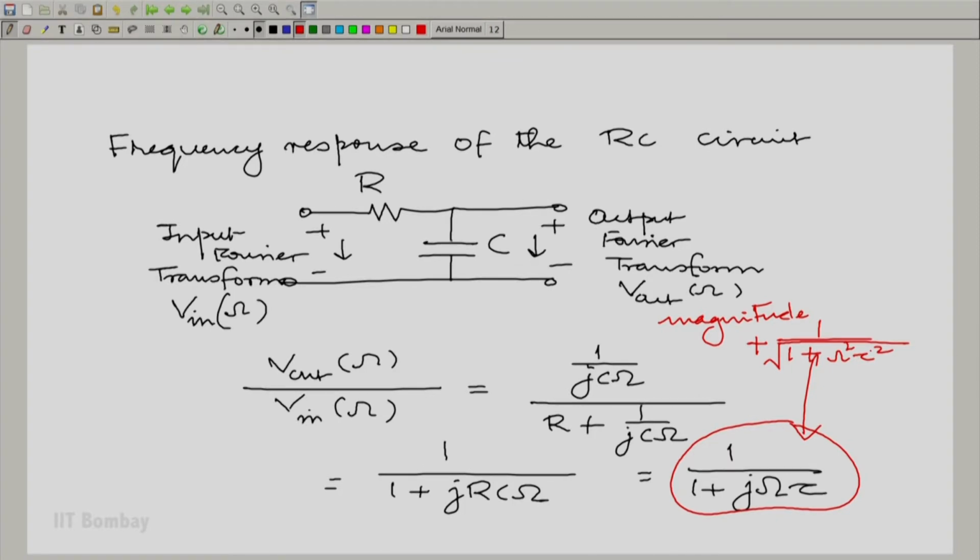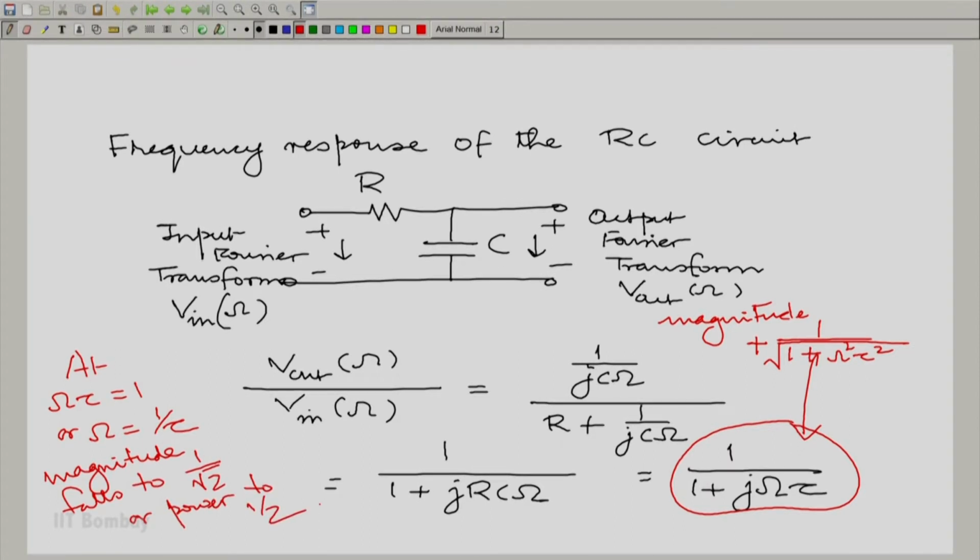So, what is the significance of omega equal to 1 by tau? At omega tau equal to 1, or capital omega equal to 1 by tau, the magnitude falls to 1 by square root 2, or the power falls to half.